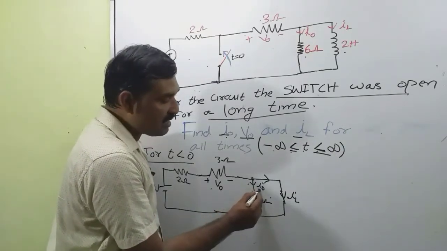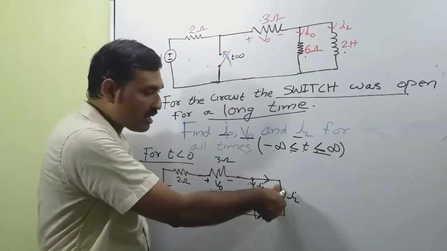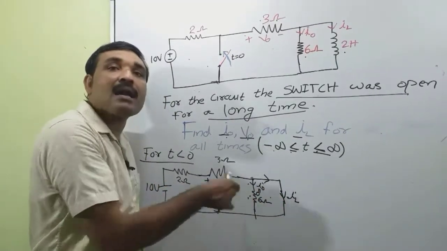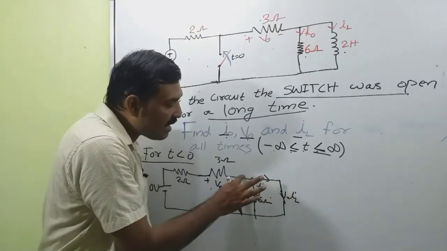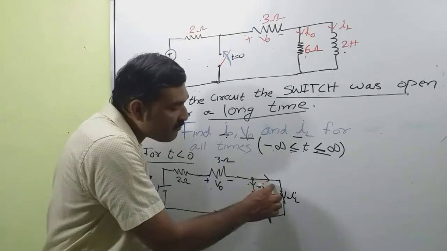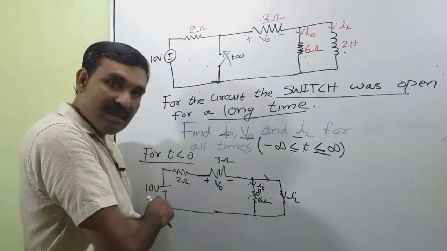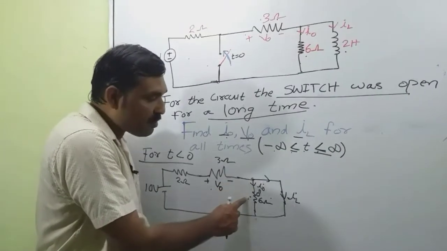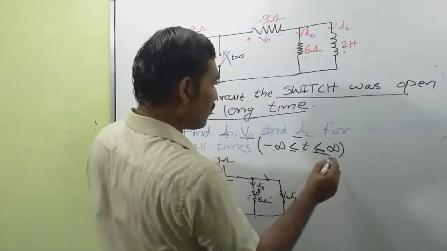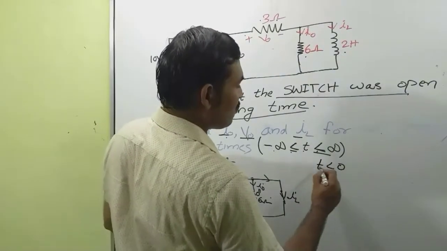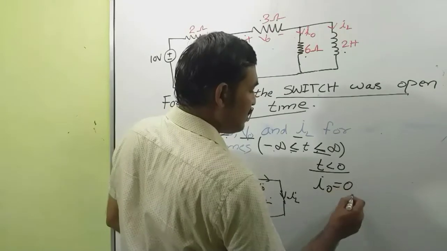That means for t less than 0, I naught is equal to 0.